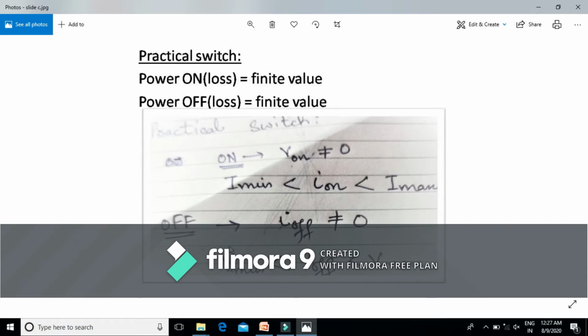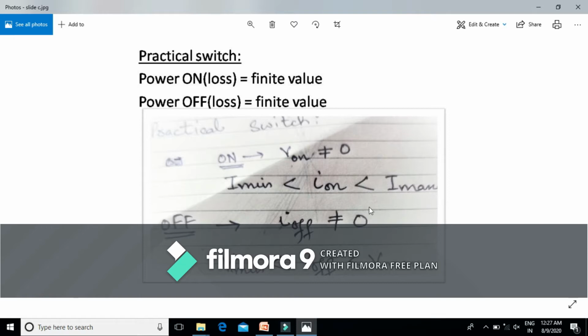Similarly, during turning off of a practical switch, there will be finite voltage. That means V off range will be from V minimum to V maximum, and there will be some current across the switch.